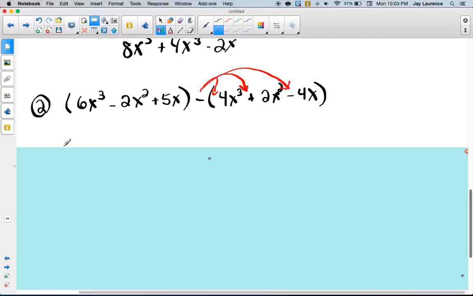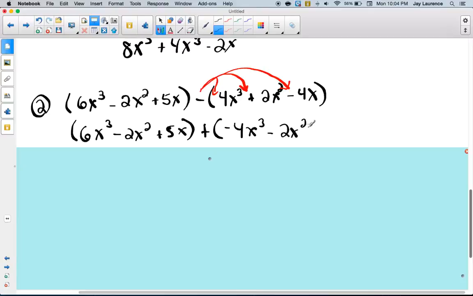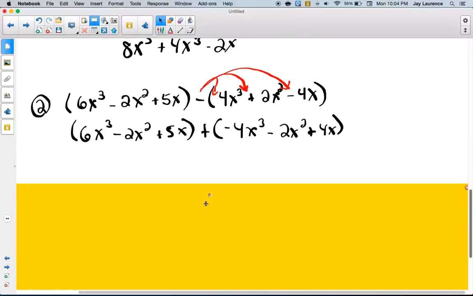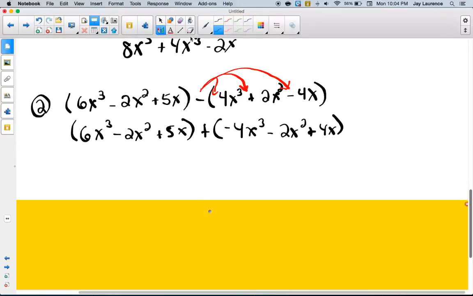So this problem really becomes 6x cubed minus 2x squared plus 5x, and then I can change it to an addition problem and add negative 4x cubed minus 2x squared plus 4x because I distributed the negative. Oops, hold on a second here. So let me move that down a little bit, and I'm going to combine like terms again. That's all I'm going to do.